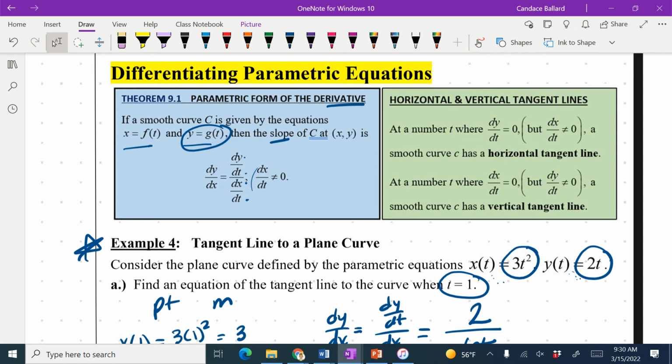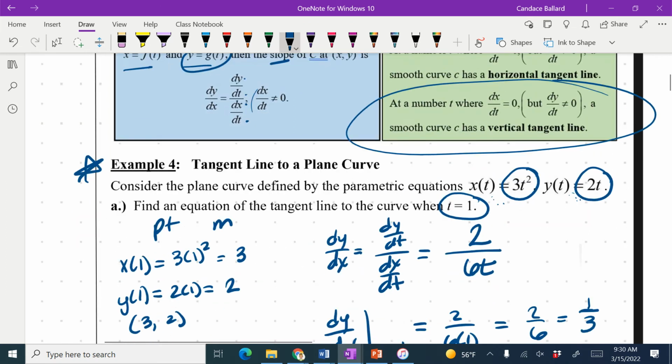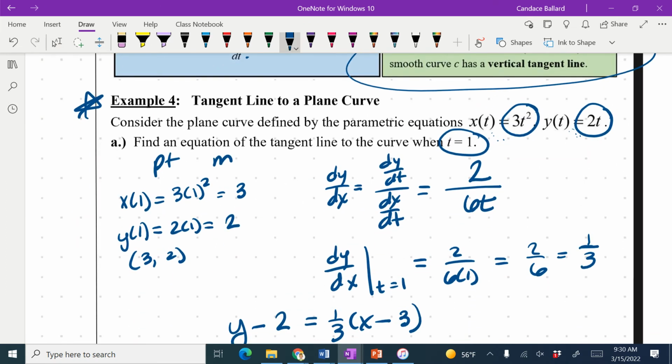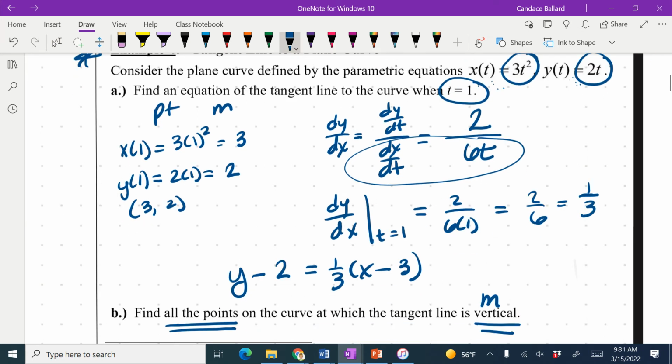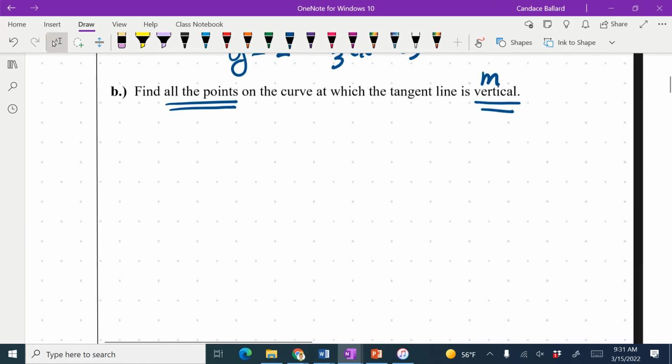So vertical says that we are supposed to set dx/dt equal to 0. Technically, we've already done dx/dt, haven't we? Isn't it right here? So I know that dx/dt is equal to 6t.